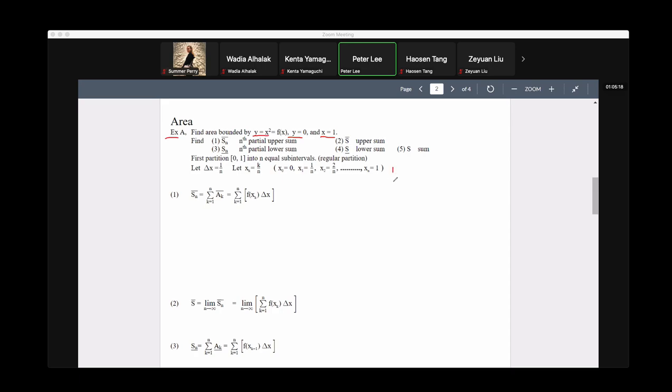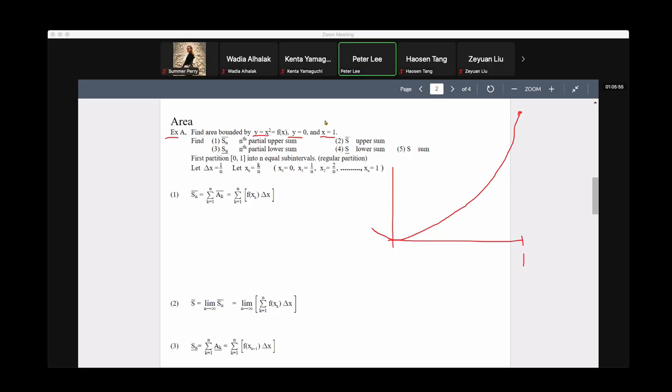Let's say we have this x, y plane right here. Let me just draw this. I'm just going to manually sketch this. Oops, let me redraw this here. This is one.